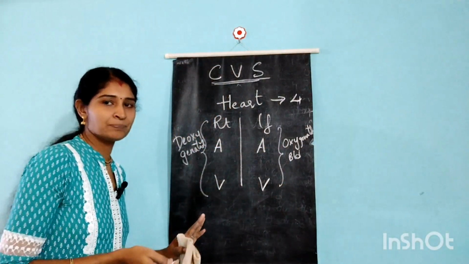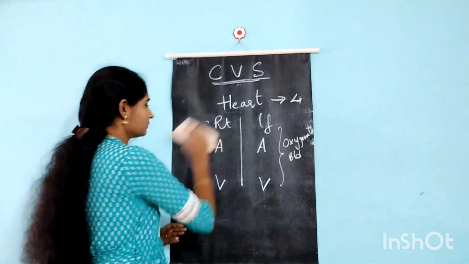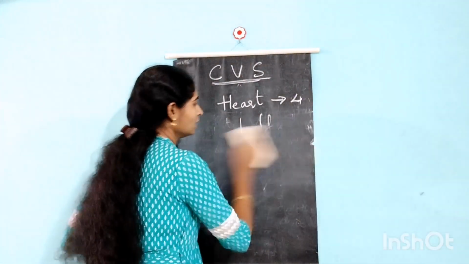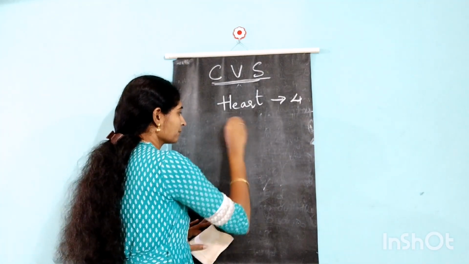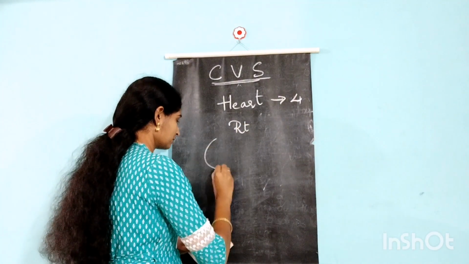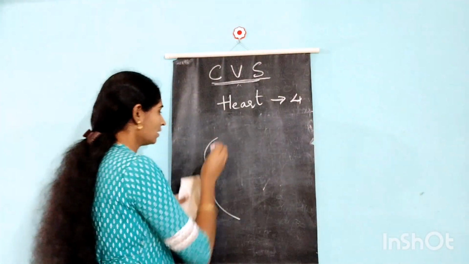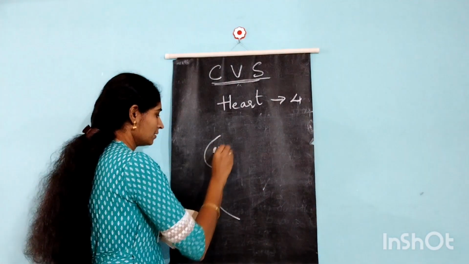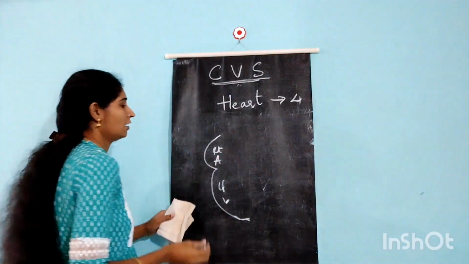Is this clear? Moving on further to the right side of the heart, we are going to explain the right atria and ventricle. This is the right atrium and this is the left ventricle.